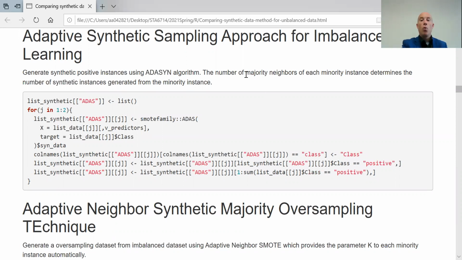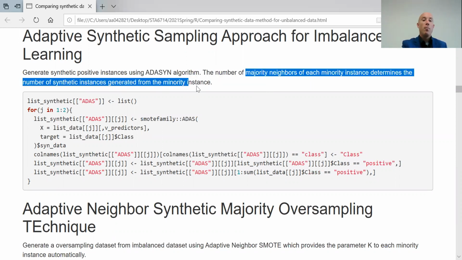And the number of majority neighbors of each minority instance determines the number of synthetic instances generated from the minority instances. All right, so what this tries to do is take an observation and look to see, is this a boundary observation in terms of higher dimensional data?